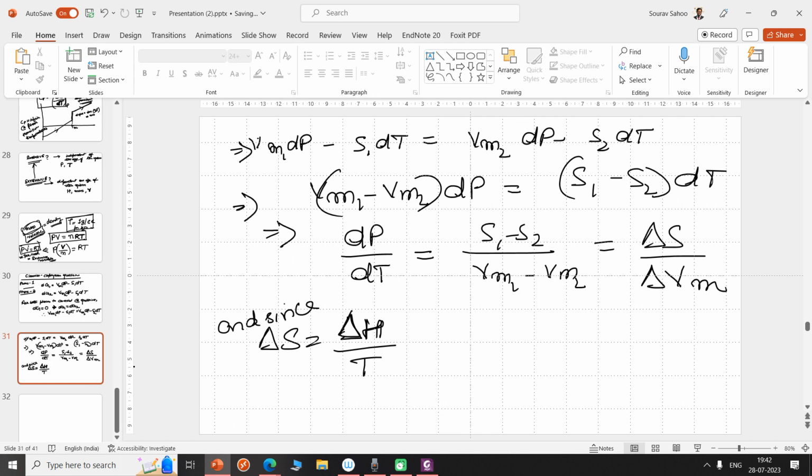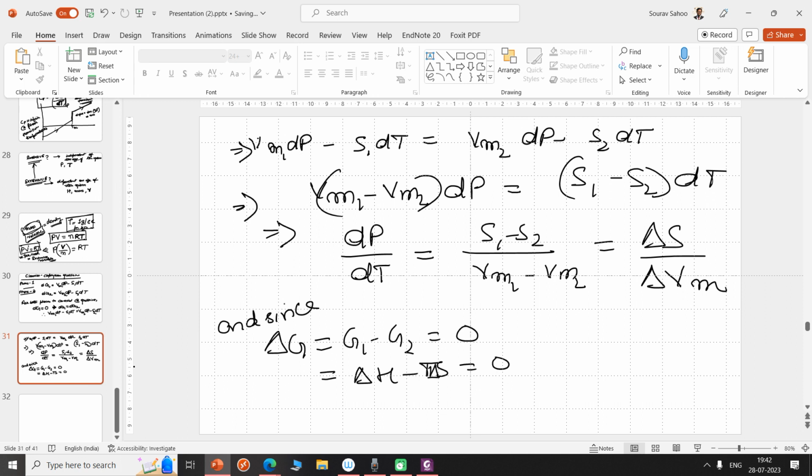If we just take delta G is equal to G1 minus G2 is equal to 0, we have delta H minus T delta S is equal to 0, we'll have delta S is equal to delta H by T, right? For both phases to coexist when delta G is equal to 0. So that's how I will get the relation between the entropy and the enthalpy.